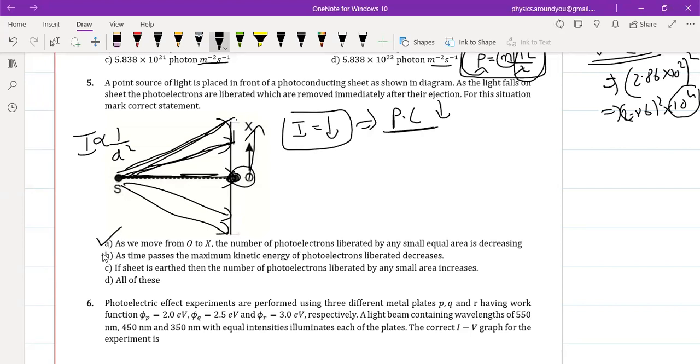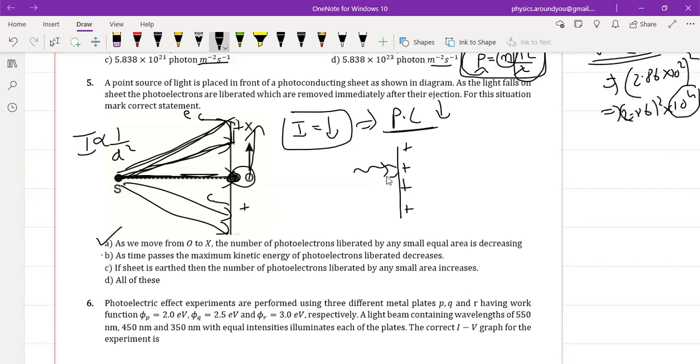What about option B? Option B tells us that the electrons which are being emitted will leave behind a positive charge. So after some time, there will be some positive charges over here, and light is coming and incident on the sheet.